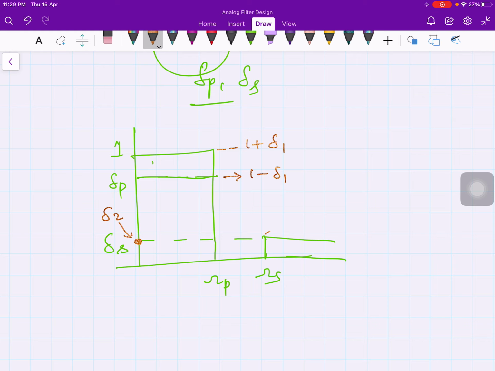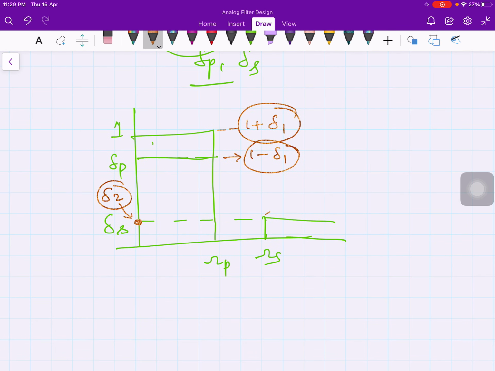So the empirical formulas given for a typical low pass filter use the maximum as 1 plus delta 1 and the minimum as 1 minus delta 1, and in the stop band the maximum value is delta 2. The empirical formulas are in terms of delta 1 and delta 2. But converting to our specs, what are our specs?